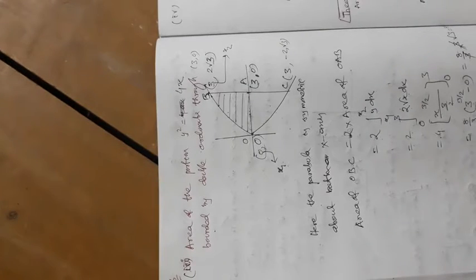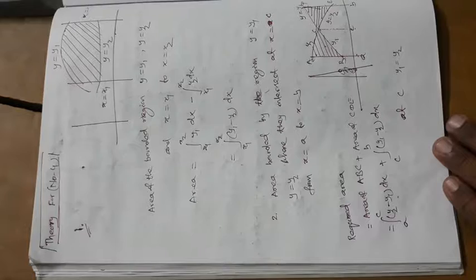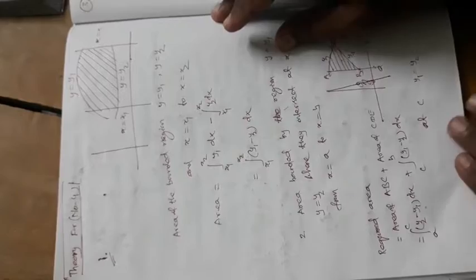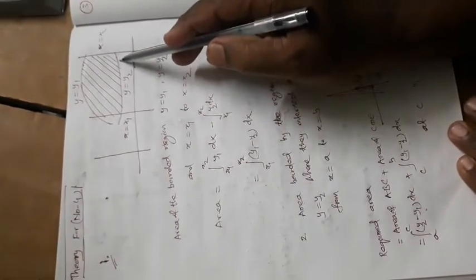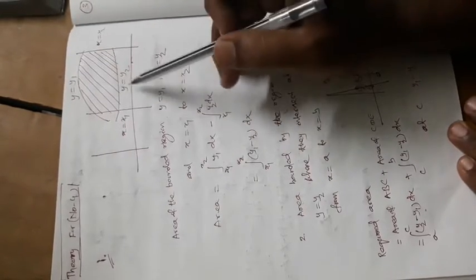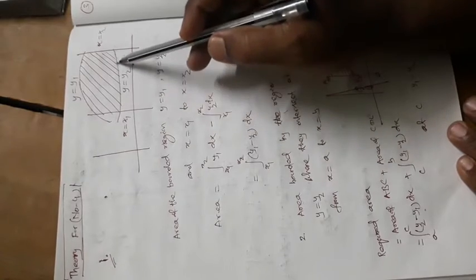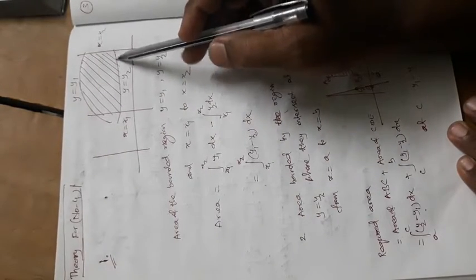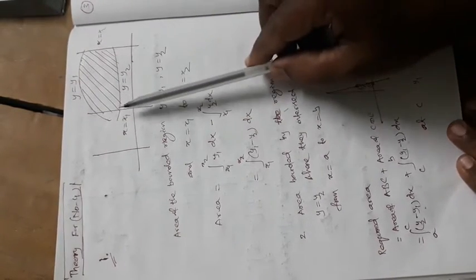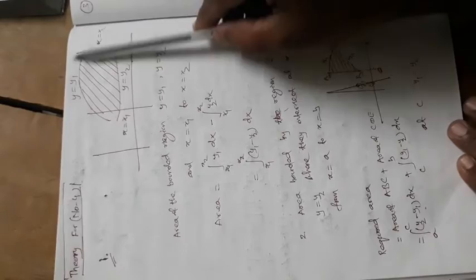Okay. Next. Now it is a theory for problem number 4. Suppose there is a curve y = y1 and a curve y = y2, where the curve y1 is above the curve y2, and we have to find the area from x = x1 to x = x2, between y2 and y1.